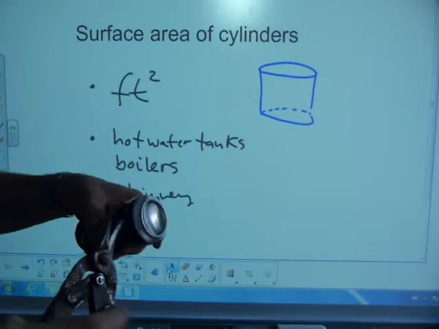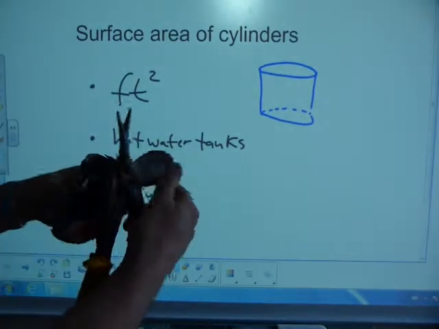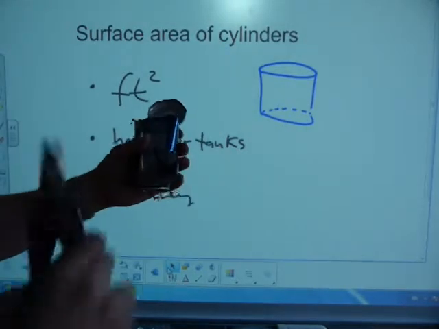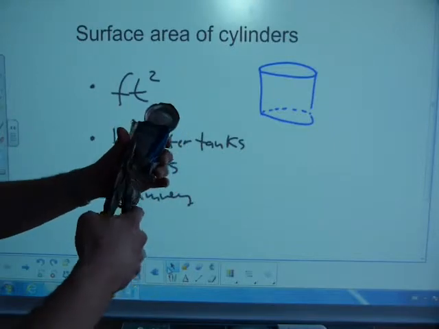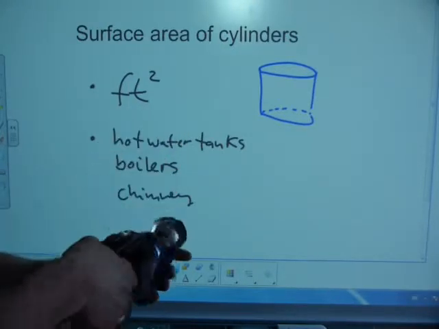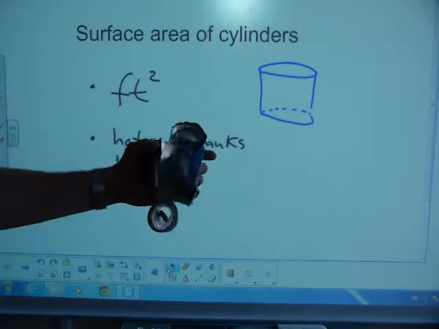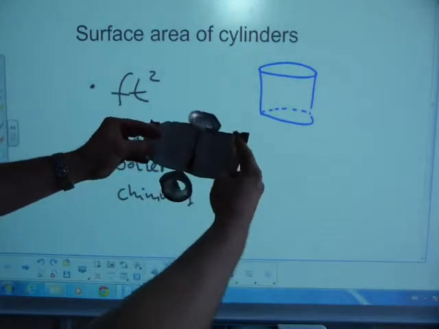I'm going to make a map plan of a cylinder. There. So there's your lid. There's your bottom on the cylinder, or the other way around, whichever way you like. And then the side wall of the cylinder cuts up like so. And then we have a shape that looks like this.